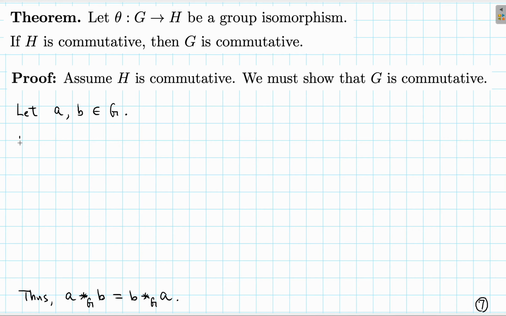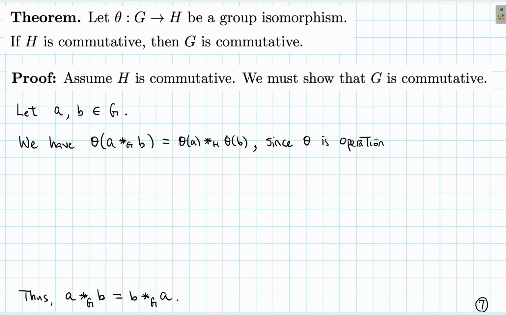So we have theta of A times B, where that product is happening in G, is equal to theta of A times theta of B, where this product is happening inside H, and the reason is because theta is operation preserving.